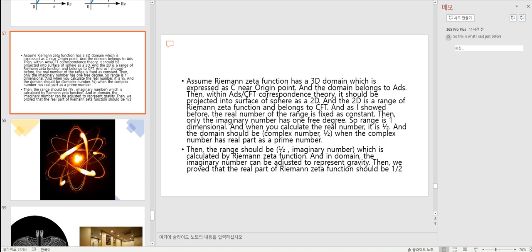And when you calculate the real part, it is half, and the domain should be complex number, comma, half. When the complex number has a real part as a prime number, then the range should be half, imaginary number, which is calculated by the Riemann zeta function. And in the domain, the imaginary number can be adjusted to represent gravity. Then we prove that the real part of the Riemann zeta function should be half.